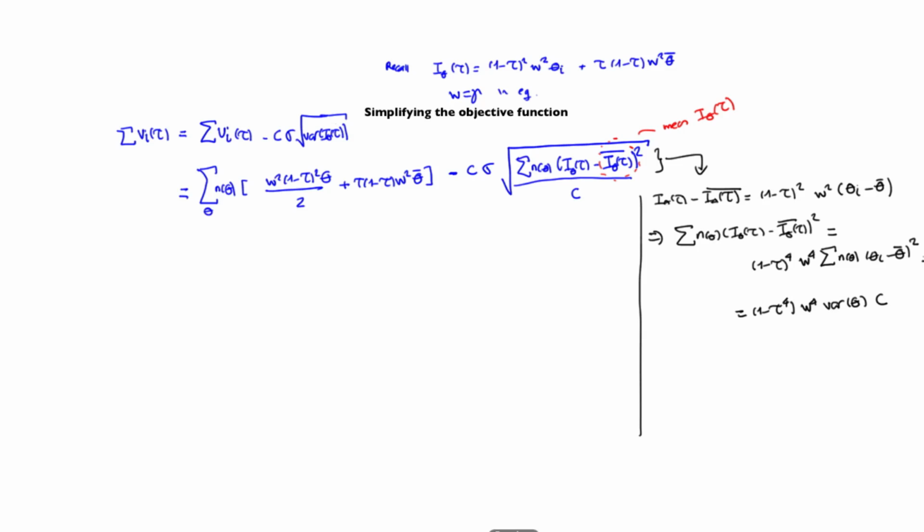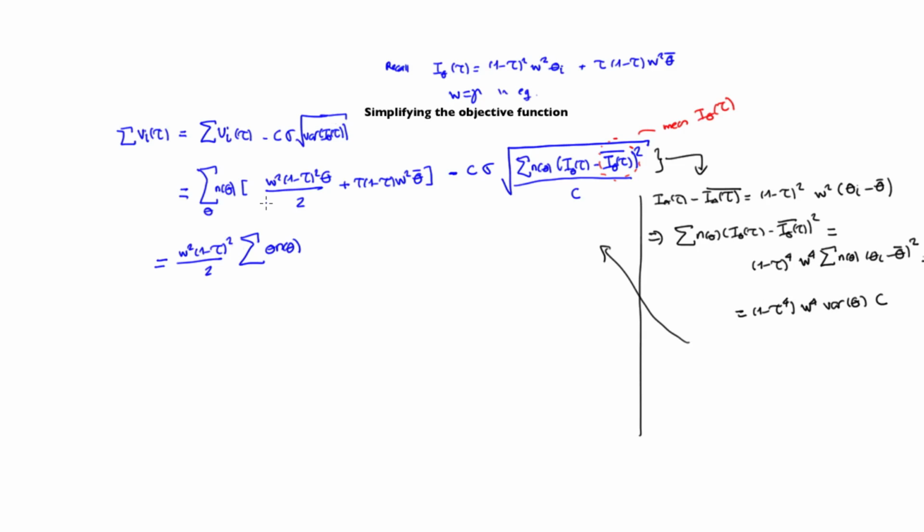Now we can go back and replug and do some simplification. First let me do some algebra here. w square (1 minus tau) square theta divided by 2 times the sum of n theta.